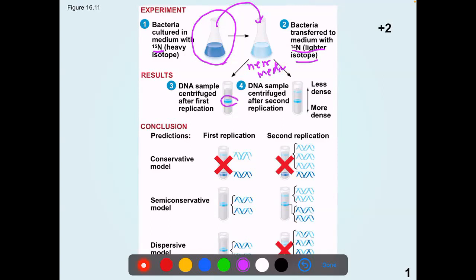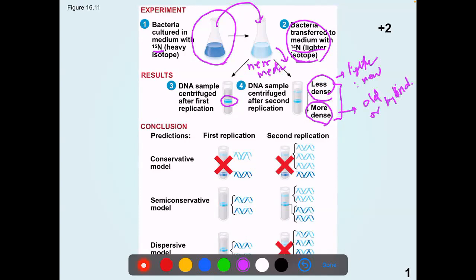But then they replicate in this lighter condition, and if they isolate the DNA and run it through centrifugation, you have less dense and more dense, the lighter and the heavy DNA showing up. So this is lighter, on the top layer. This is the new DNA, and probably this is old or hybrid.